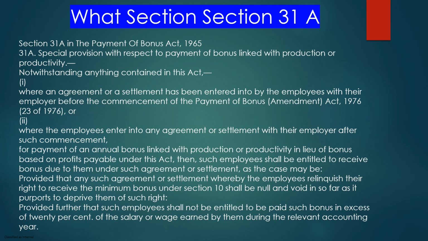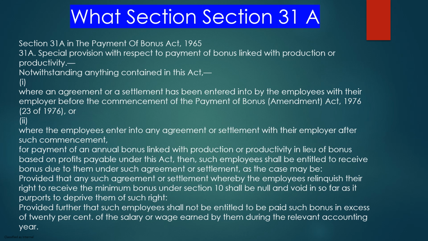Altogether, many companies used to pay customary bonus, interim bonus, and other productivity bonus. Section 31A was inserted specifically to make an agreement between the employer and the trade union or the employee to pay the minimum bonus.